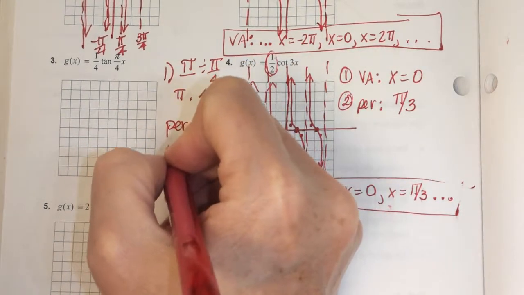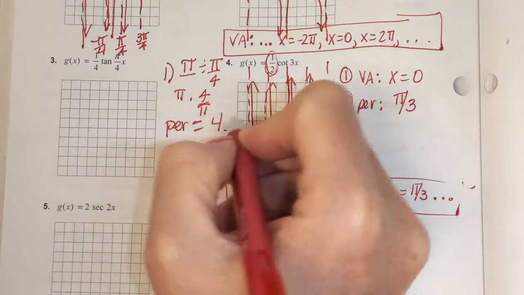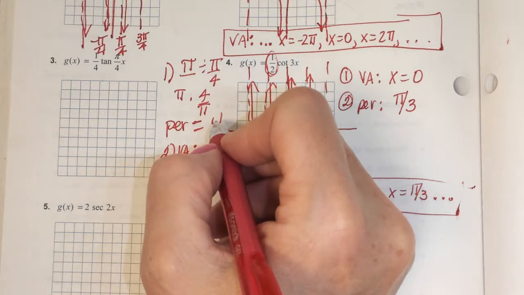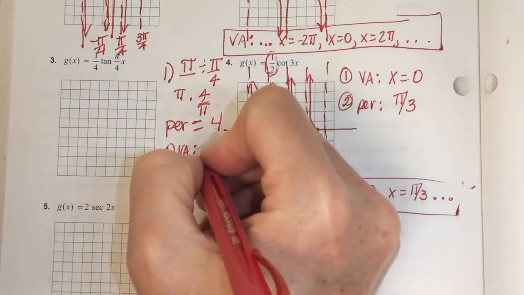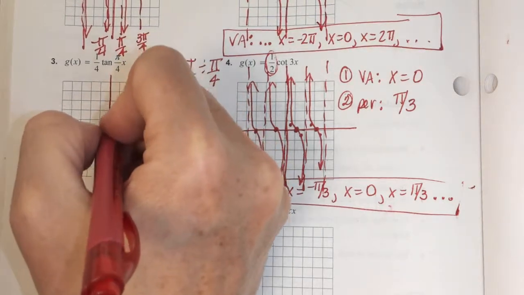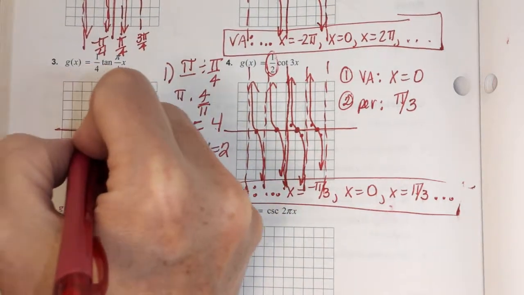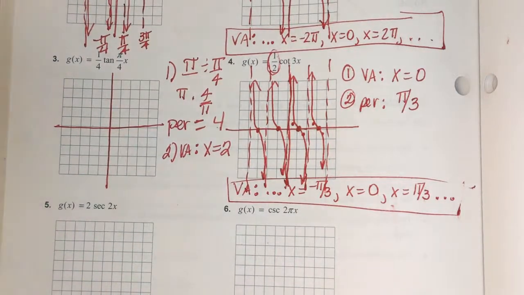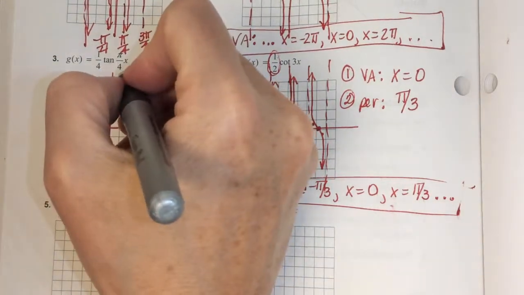So now I'm going to find a vertical asymptote. I'm going to take that and divide it by 2. And what do we get, everyone? 2. So our first vertical asymptote is at x equals 2. Let's go ahead and make our axes.